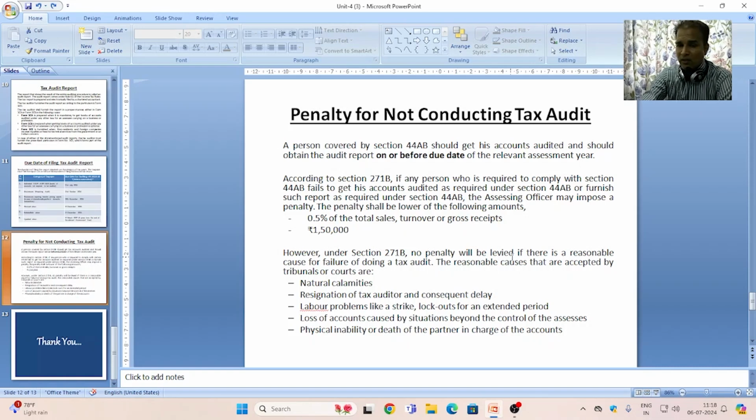The penalty is the lower of two amounts: first, 5% of the total sales, turnover or gross receipts, and second, rupees 1,50,000. Whichever is lower shall be imposed by the income tax officer for not conducting the tax audit.